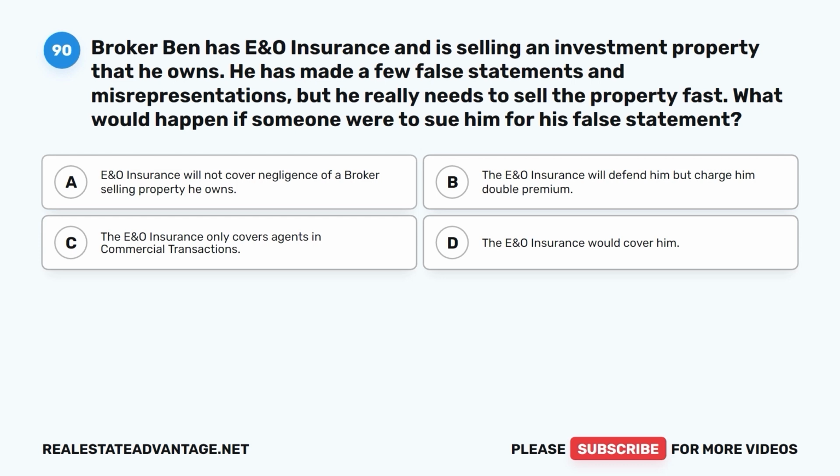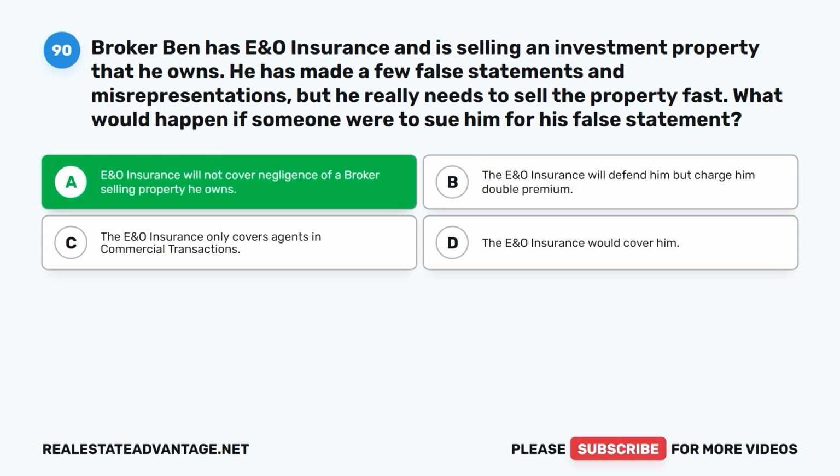B. The E&O insurance will defend him but charge him double premium. C. The E&O insurance only covers agents in commercial transactions. D. The E&O insurance would cover him. The correct answer is A. E&O insurance will not cover negligence of a broker selling property he owns.